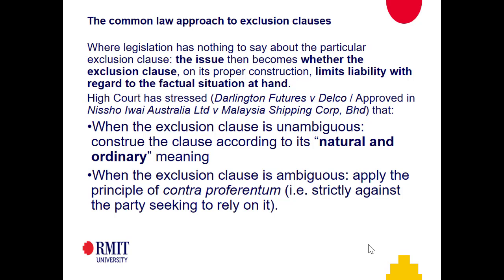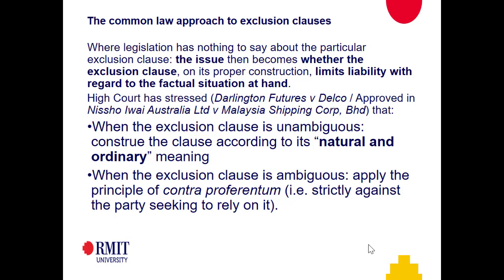So, if legislation has nothing to say about a particular exclusion clause, the issue is whether the exclusion clause, on its proper construction, so properly read by the courts, limits liability in relation to this particular factual situation. So the key Australian case is Darlington Futures v Delco.